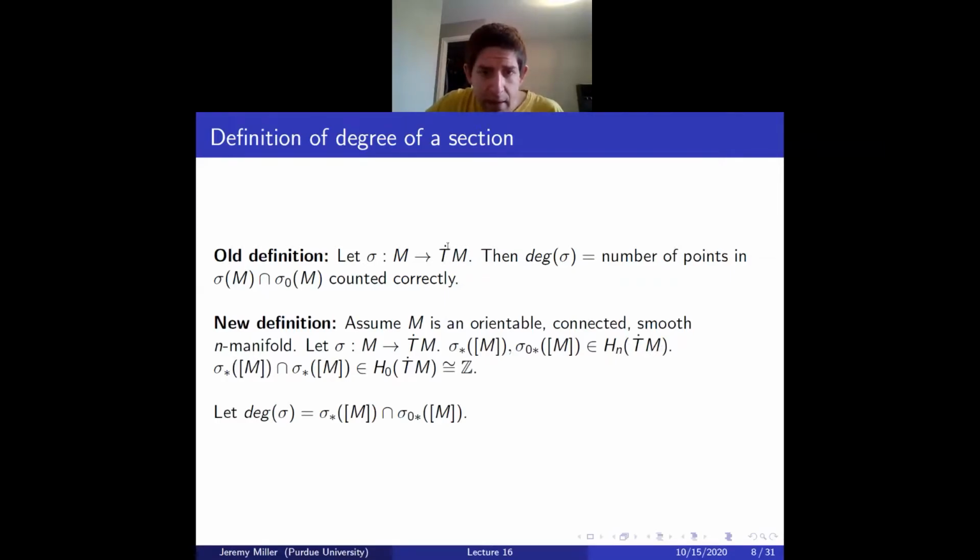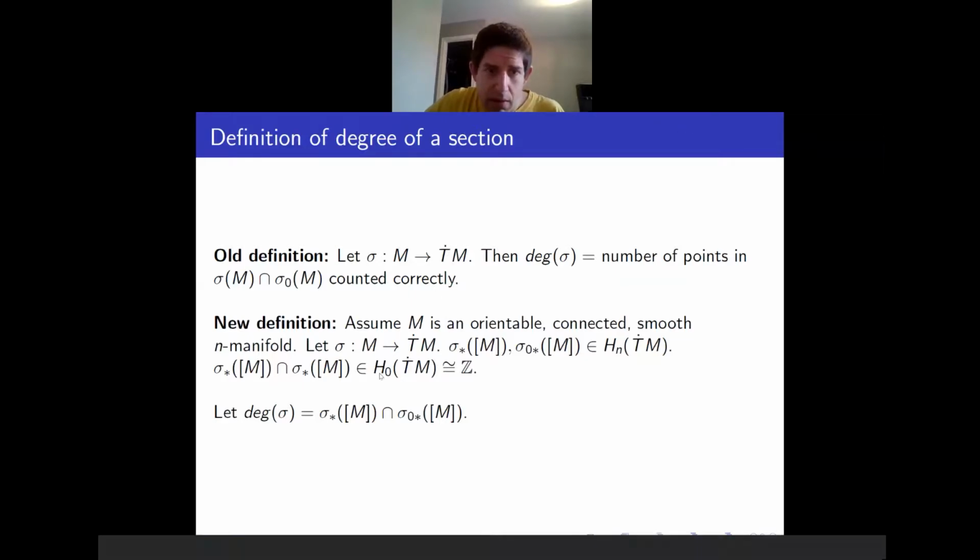The compactified tangent bundle is going to be a manifold of dimension 2n. So what we can do is take the intersection product here, and this is going to live in degree n plus n minus 2n.